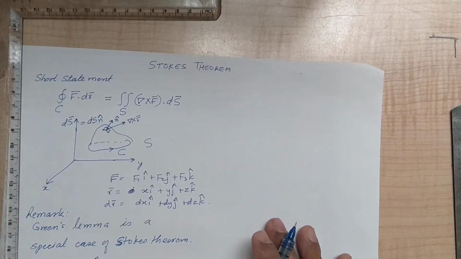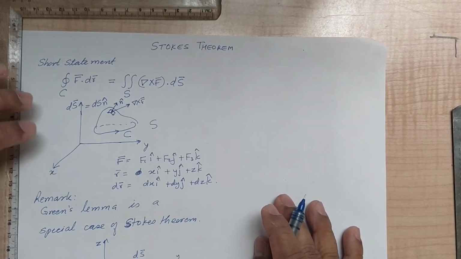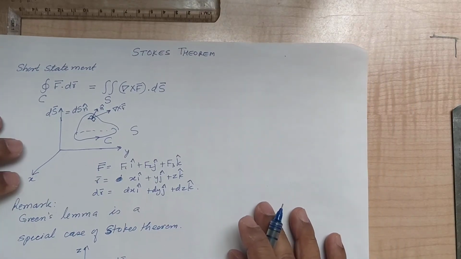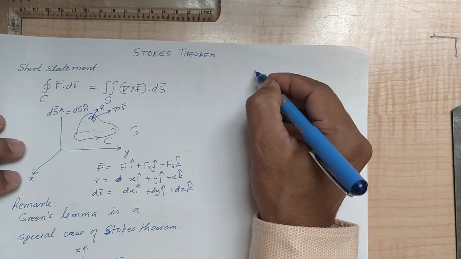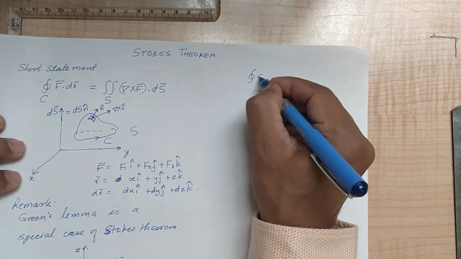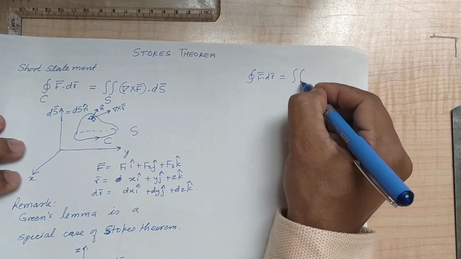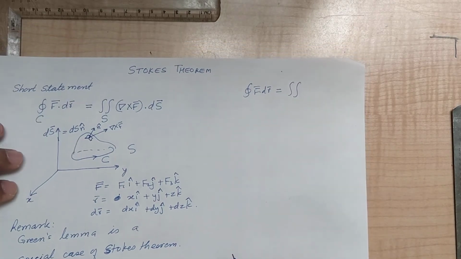Okay. So integral F bar dot dr bar becomes integral of, okay, so del cross F bar, let's evaluate that.